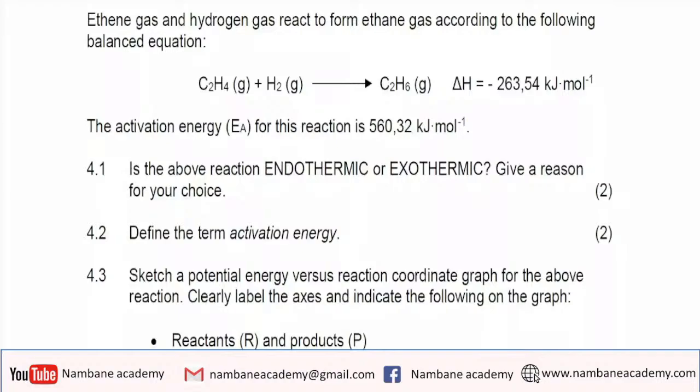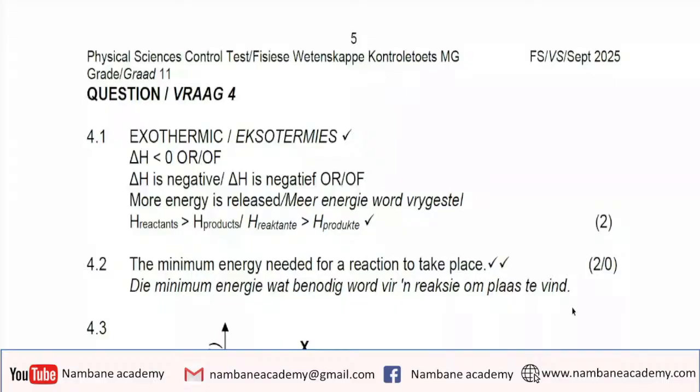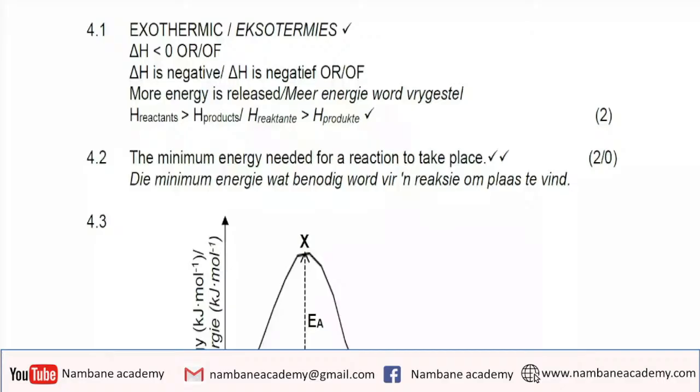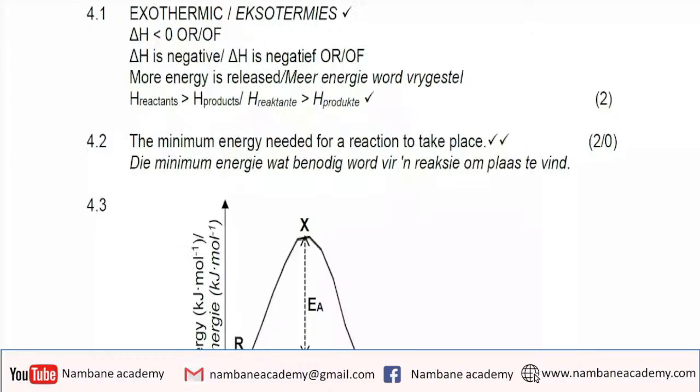So on the memo it stands, it is an exothermic reaction. So we will give them the mark for choosing the type of the reaction, and their supporting statement can be either of the following. They can write delta H is less than 0, they can get a mark. Or they can say delta H is negative, they can get a mark.